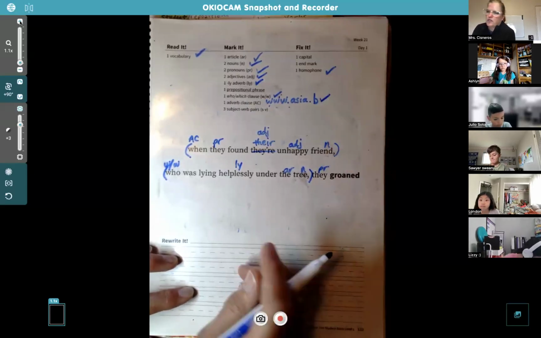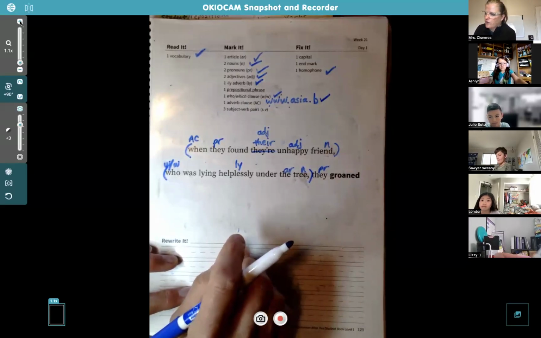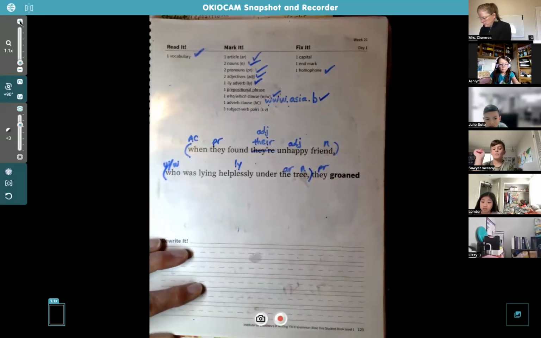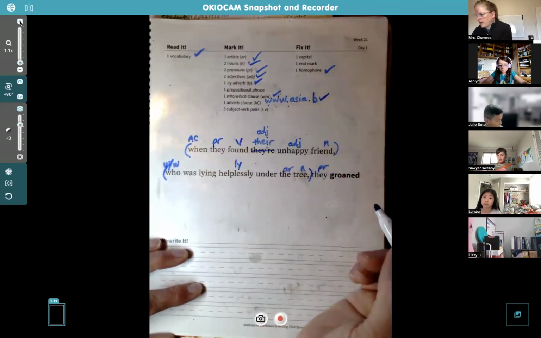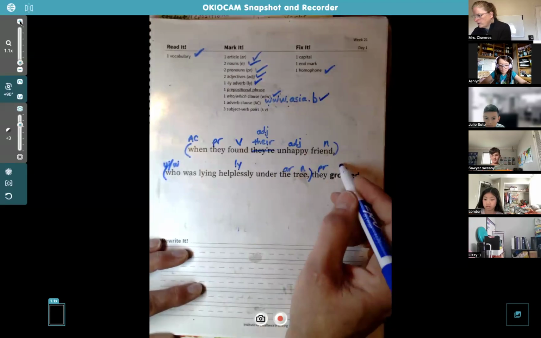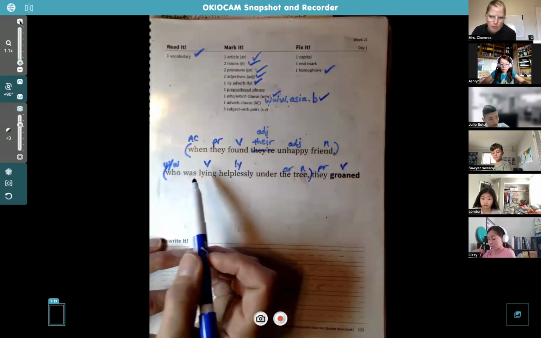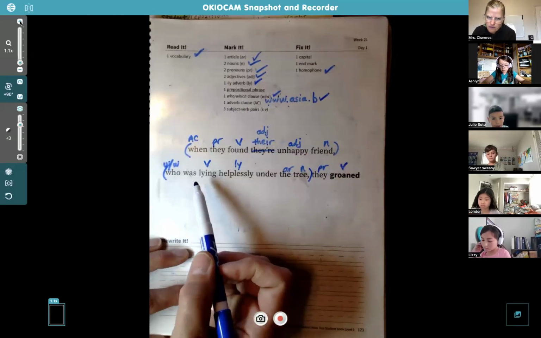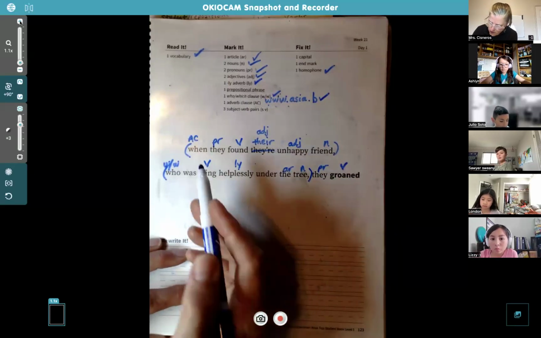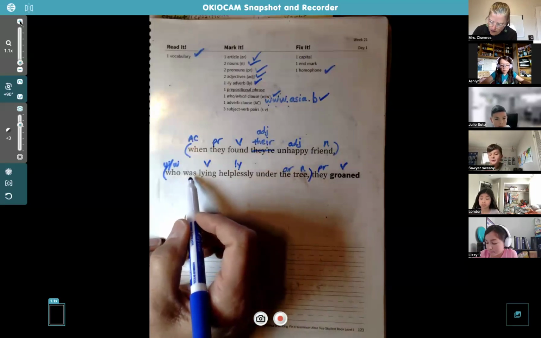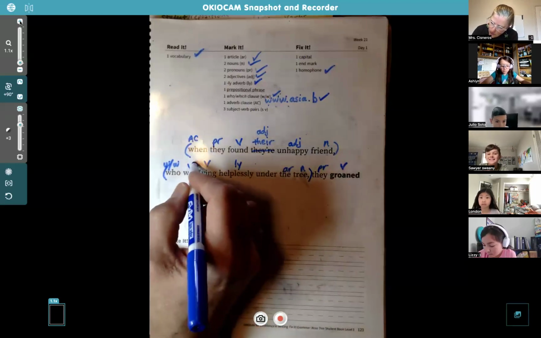And now we have the subject verb pairs. So how about Sawyer? Where are the verbs at? Where are the action words or helping verbs? So there's found and groaned. Good. And maybe lying. Groaned and lying. And then there's a helping word, a helping verb right next to lying. You see that one? A helping verb. Was. So that's what helping verbs do.